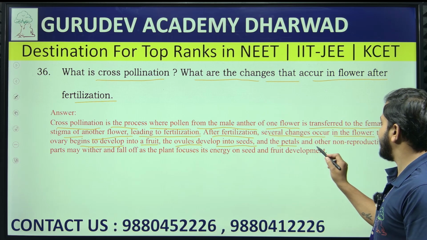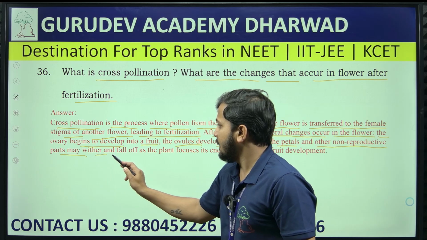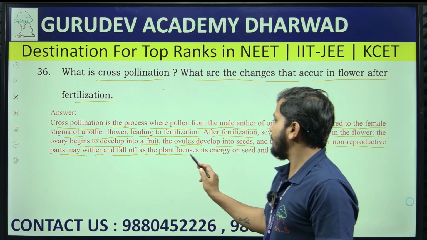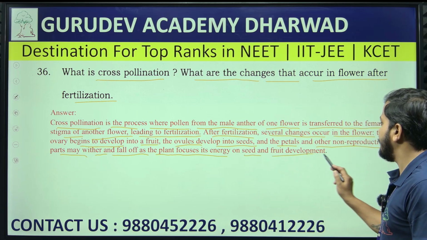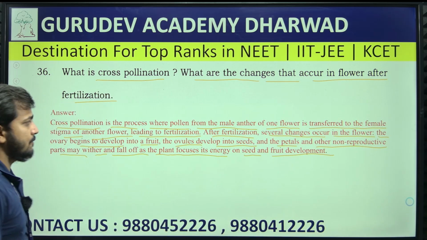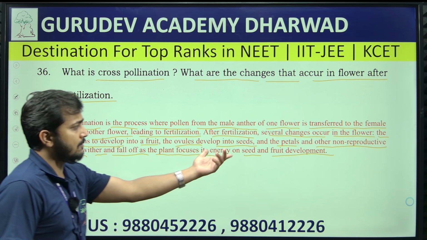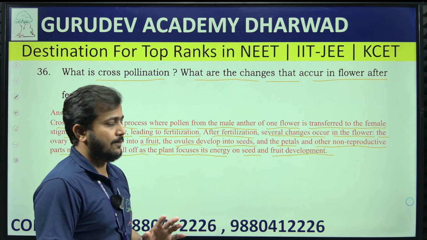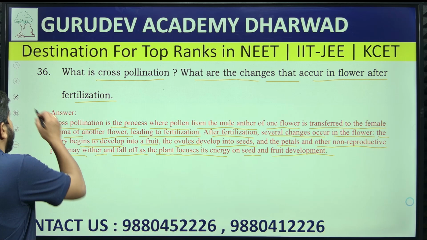Then the petals and the other non-reproductive parts fall off, as the plant focuses only on the formation of seed and the development of the fruit. So the remaining parts are shed, and only the seed and the fruit are going to develop. So these are the changes after the fertilization event takes place.